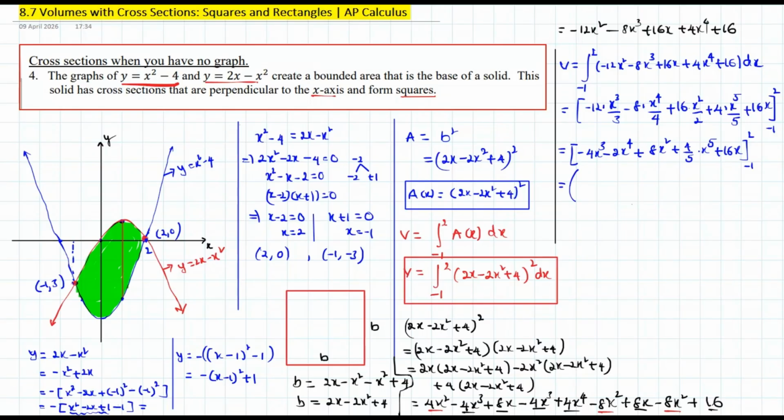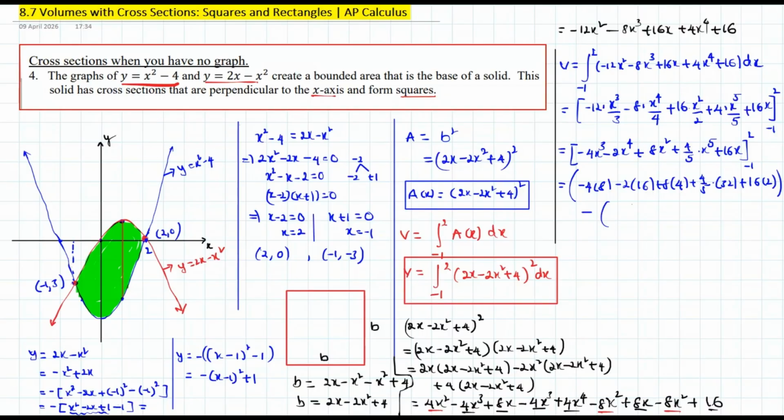So we have the upper limit: substitute the upper limit, negative 4 times 2 cubed, which is 8, minus 2 times 2 to the power 4, which is 16, plus 8 times 2 squared, which is 4, plus 4 fifths times 2 to the power 5, which is 32, plus 16 times 2, which is 32. Okay, so minus the lower limit.